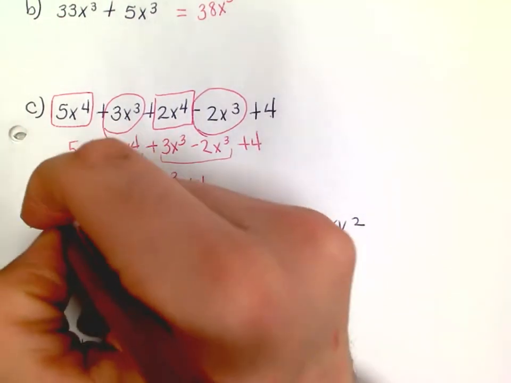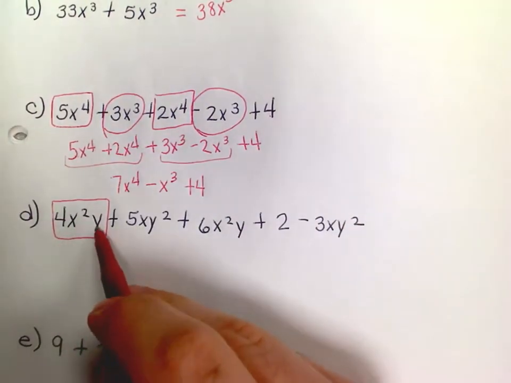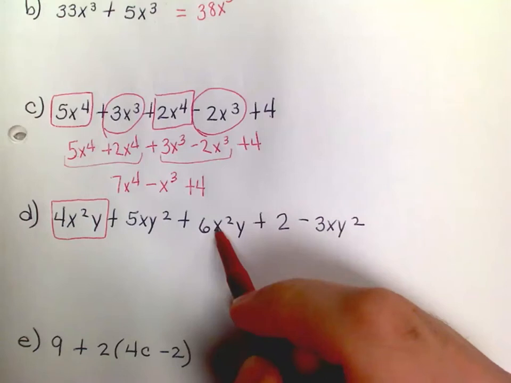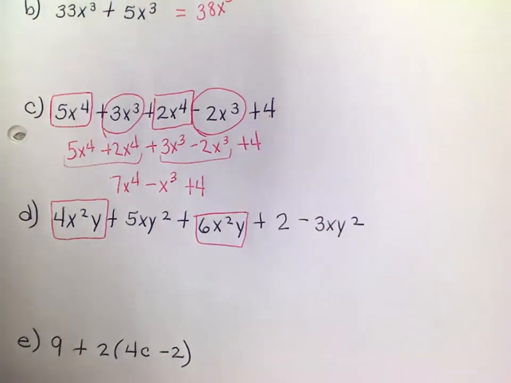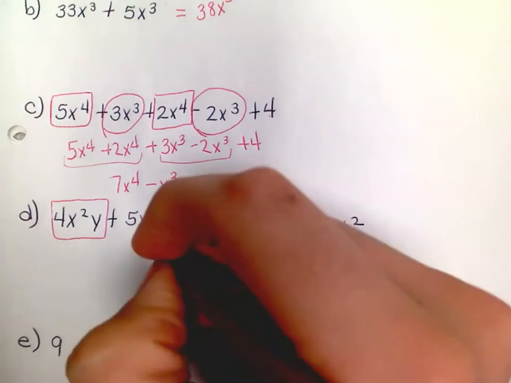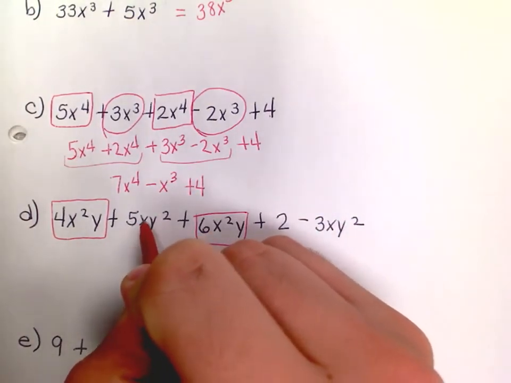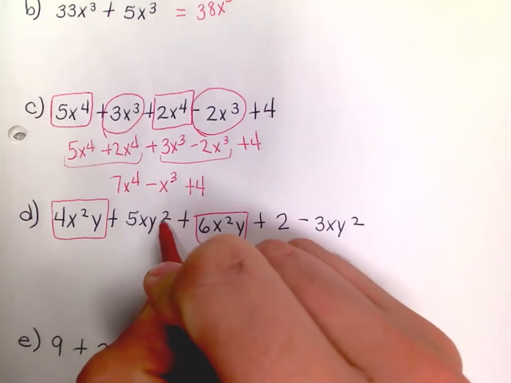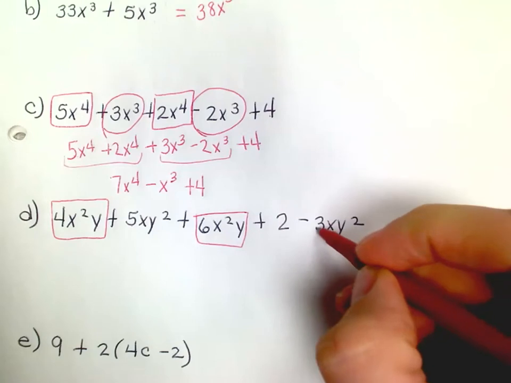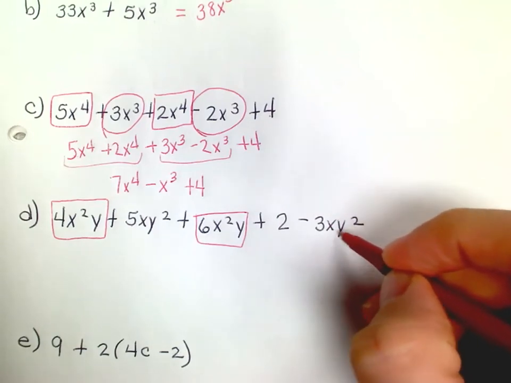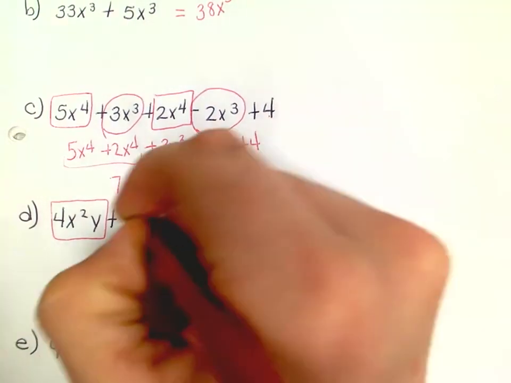If we look at D, let's go through and do what we did earlier and find things that are similar. So this first term, 4x squared y and 6x squared y are similar. Alrighty, so now we have 5x y squared, and we have a negative 3x y squared in common.